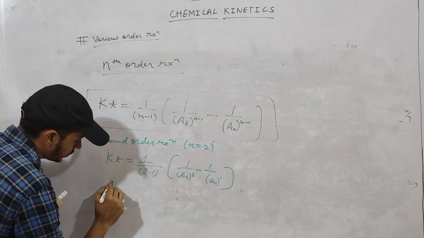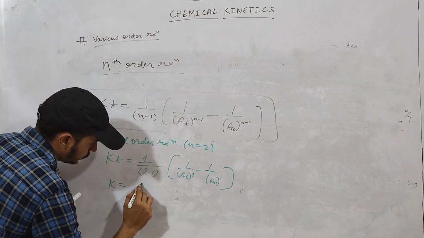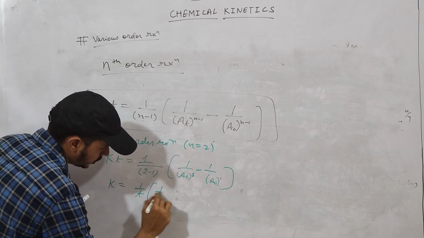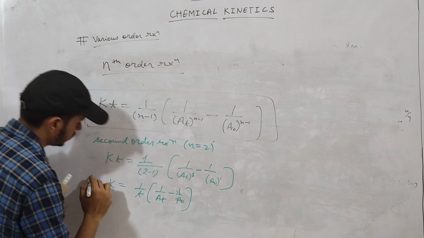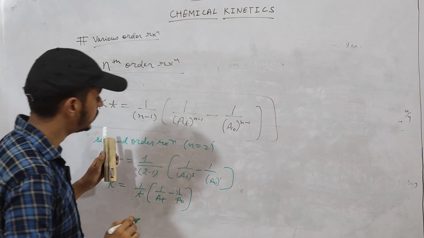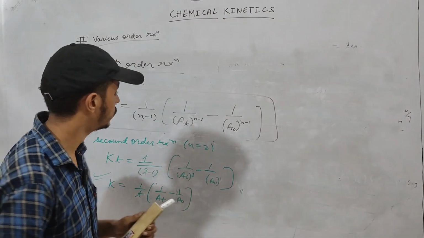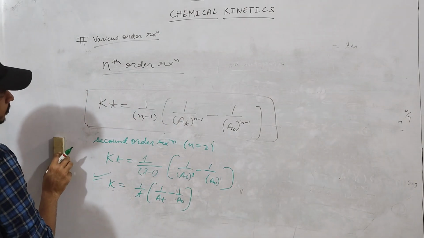For further solving, k is equal to 1 upon t into 1 upon a minus 1 upon a naught. So this is for a second order reaction. Similarly, we can calculate it for third, fourth, fifth order reactions by using this formula.